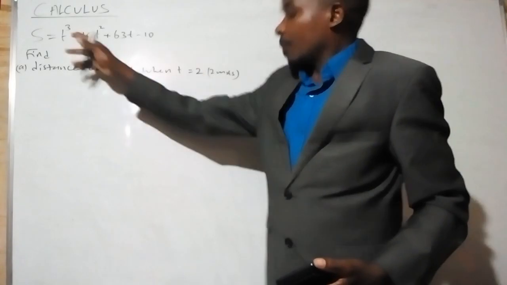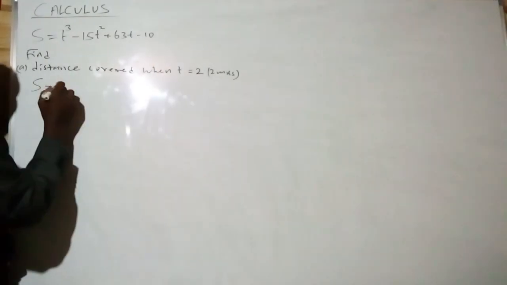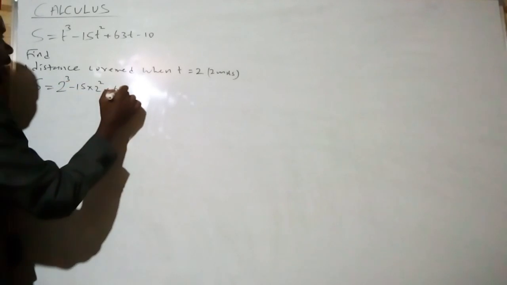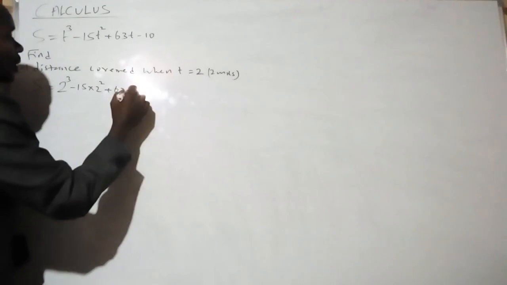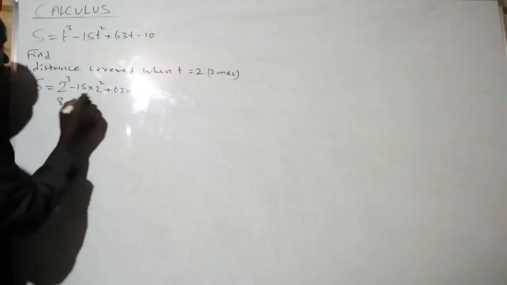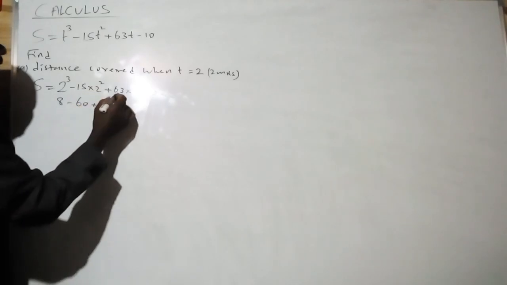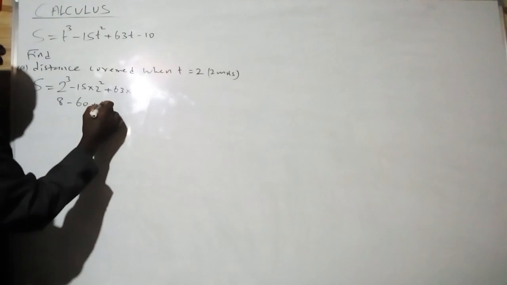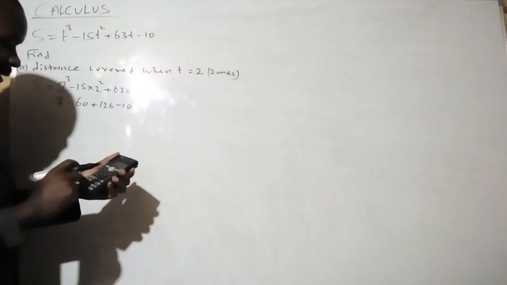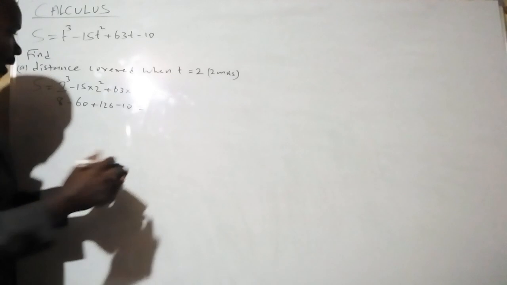S is equal to 2 cubed minus 15 times 2 squared plus 63 times 2 minus 10. 2 cubed is 8, 2 squared is 4, 15 times 4 is 60, 63 times 2 is 126. So 8 minus 60 plus 126 minus 10 gives 64 meters.